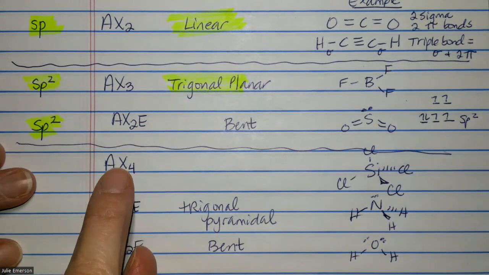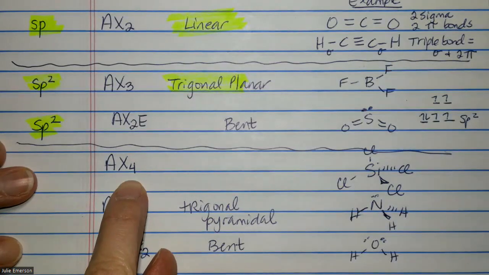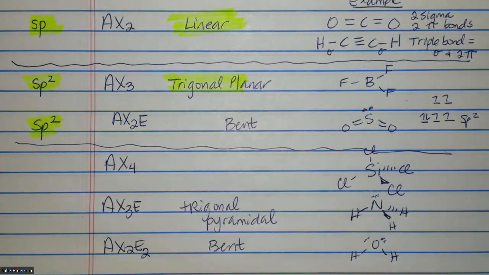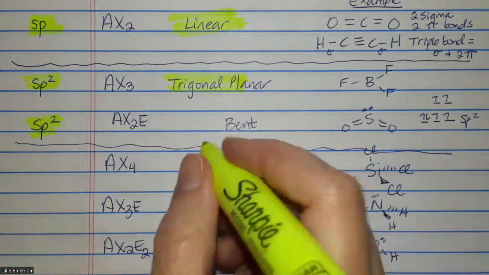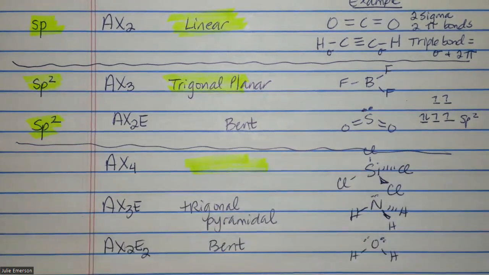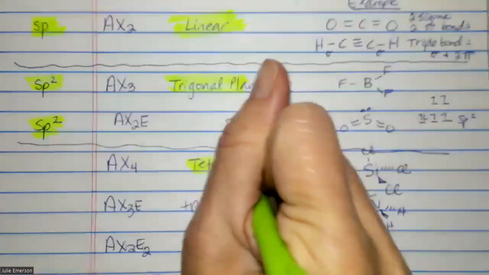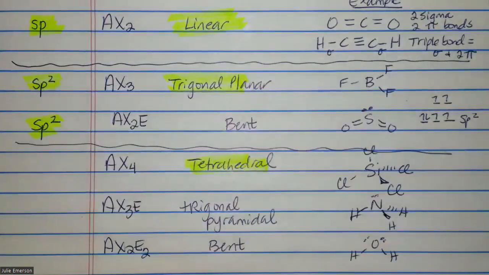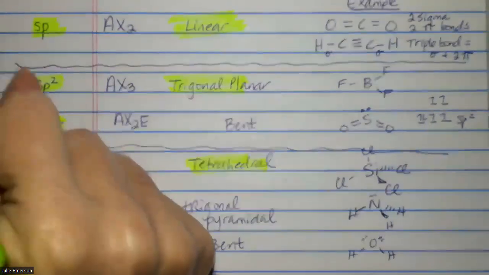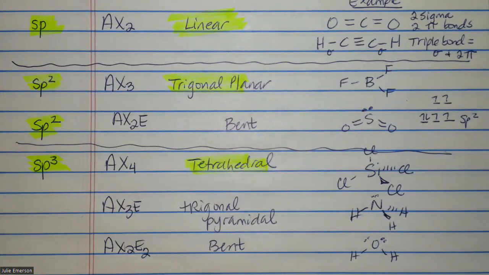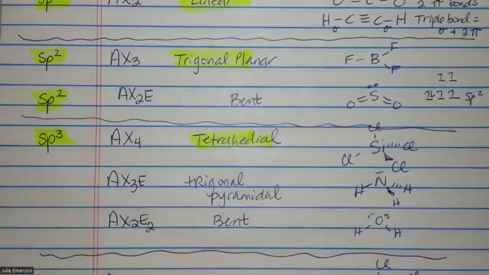When you have anything in the electron group geometry of AX4, you're going to want to remember that that's tetrahedral, right? Tetra makes sense for 4. And if it's tetrahedral, now we need 4 bonding sites. So sp3, right? So it's got 1 plus 3, so 4 total.